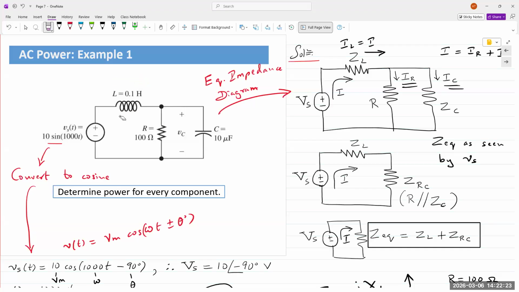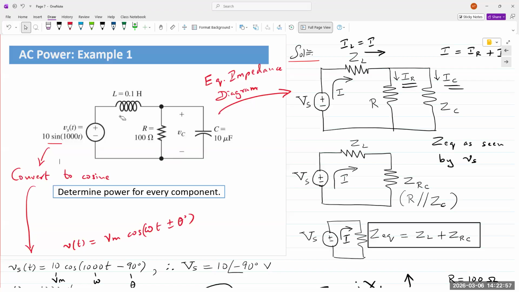We are asked to find the power for every single component, which means how many components do we see on here, by the way? 3, actually 4. You also have to find it for the source. If it says every single component, the source is also a component of that circuit. So we have to find the power for all 4 of them.